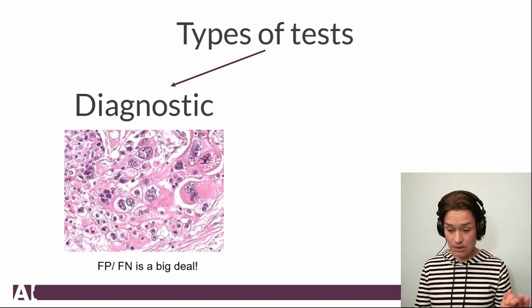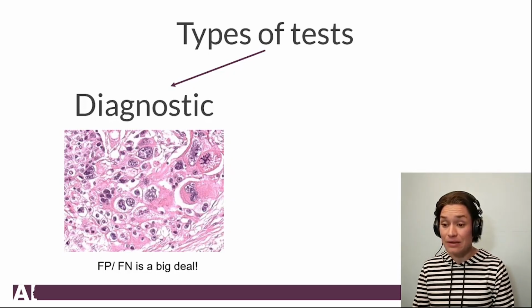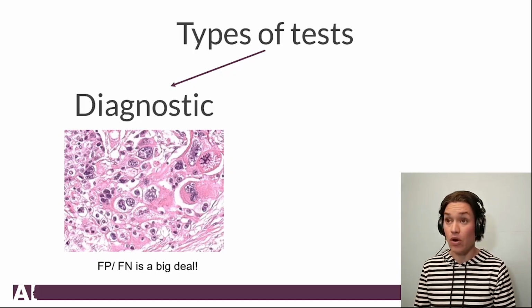This is no good. Cancer treatment is a big deal, right? Chemotherapy is not something harmless for a healthy person. And if we have a false negative, when somebody has cancer and we say, no, you're okay, then the cancer keeps growing and we send home a sick person and we're responsible for this person not being treated.